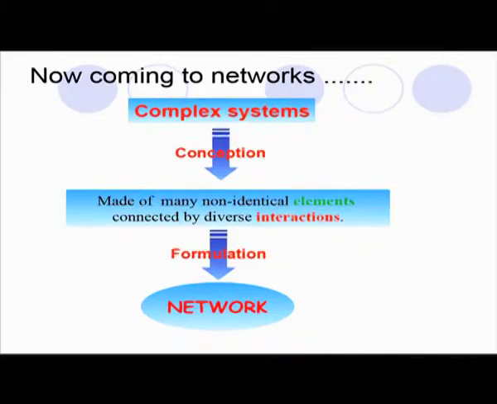So you have two entities in a network, the nodes and the edges. The nodes model the entities of a complex system and the edges model the interactions between the entities. That's how you formulate a complex network from a complex system.